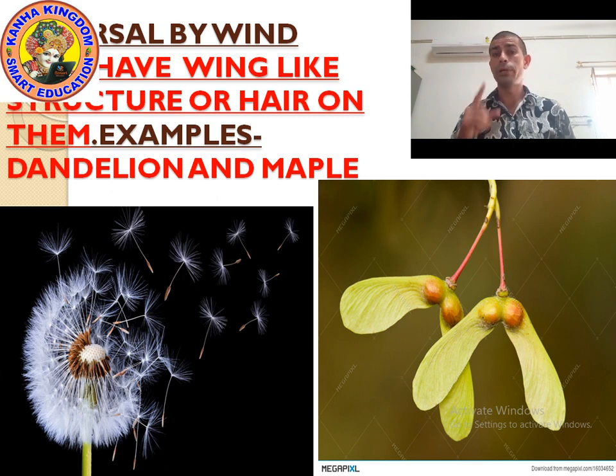Okay, so point number 1. Seeds which disperse by wind are not heavy. Their structure is just like a wing, or they have hair on them. For example, dandelion and maple. I hope you understood. Now let's move on to the next point.